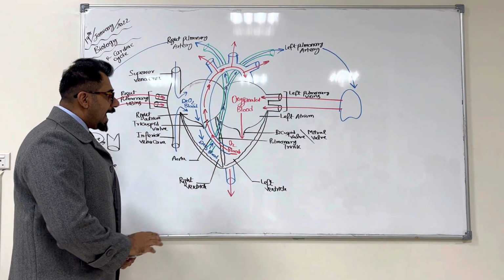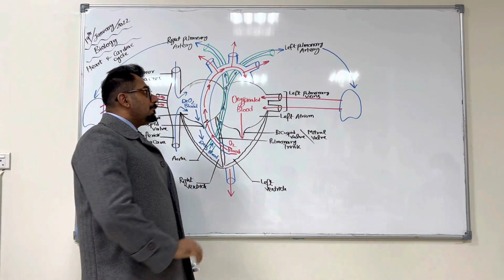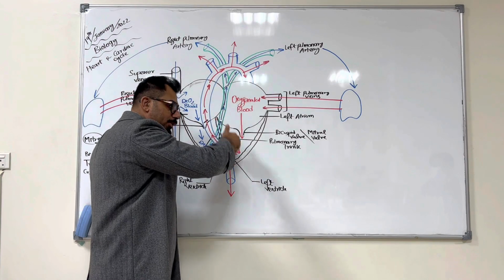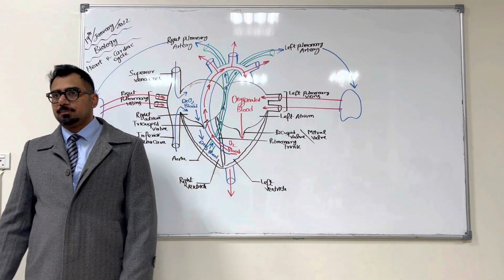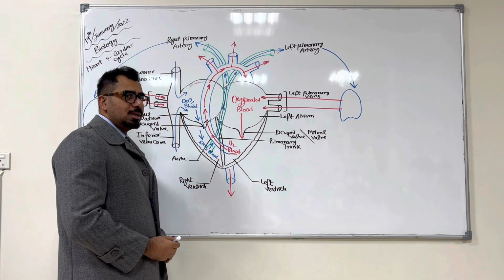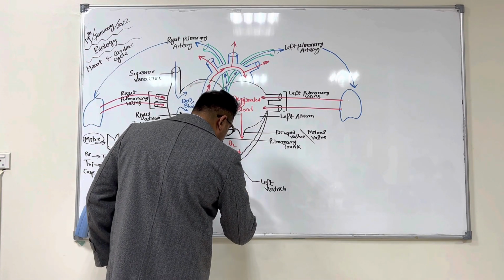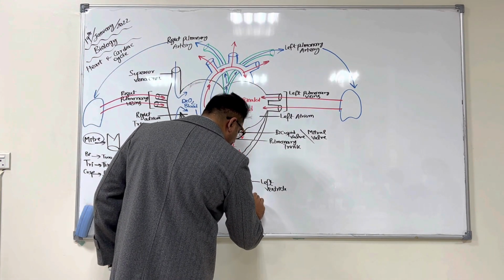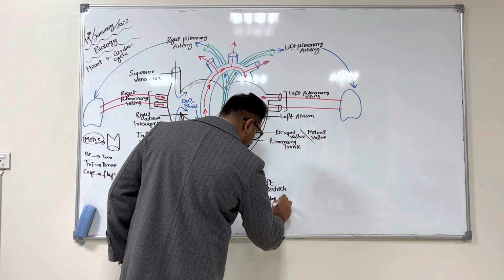Now, boys, this aorta went up and came down from the dorsal side of the heart. So when it comes down, it is given two names. Nowadays, in the new books, they simply call it descending aorta.